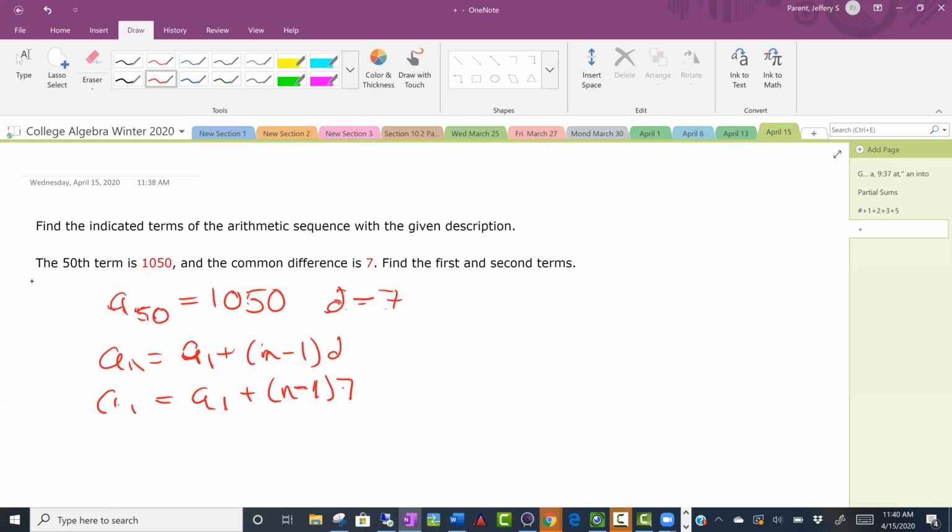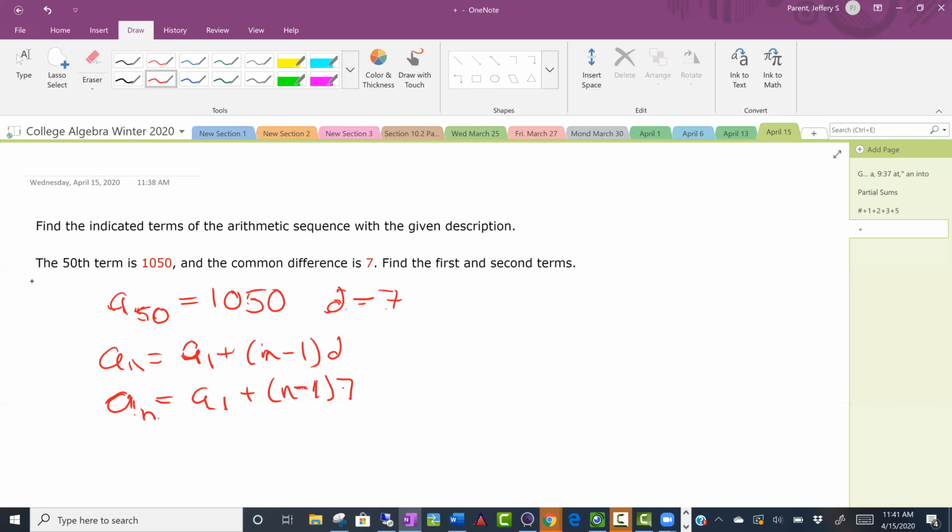That's our a sub n. But in order to be able to find the first and second terms, we're going to need to know what a sub 1 is, right? A sub 1.